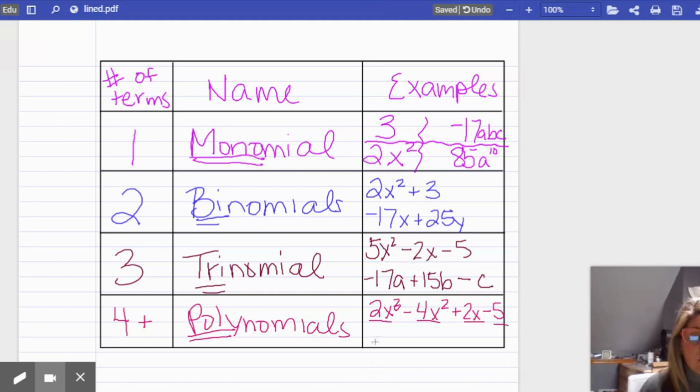You could also have something like 8x to the 9th minus 3x to the 5th plus 4x to the 7th. Let's write 4. 4x to the 4th minus 2x squared plus 7. And then here I have 1, 2, 3, 4, 5 terms, which is more than 4. So that is also a polynomial.